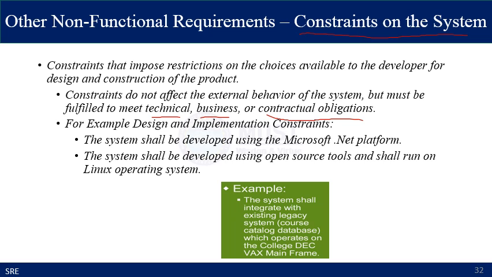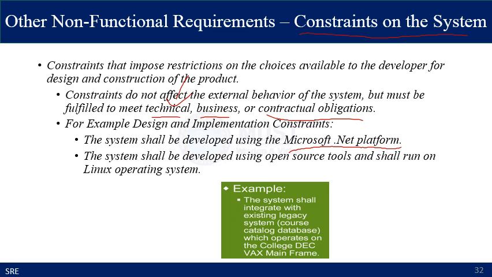For example, a design and implementation constraint says that the system shall be developed using the Microsoft .NET platform. This does not affect the output of the system. This only affects the technical aspect of your system.